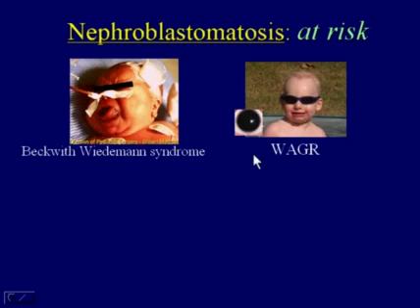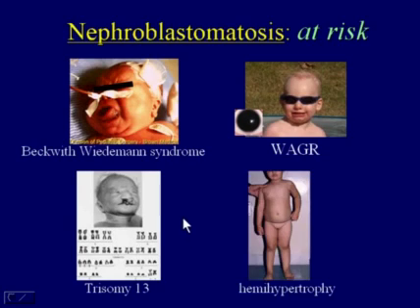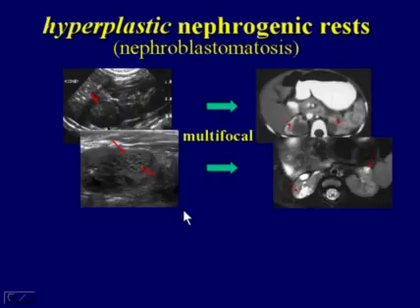Here's an example of aniridia, sporadic aniridia. Infants with trisomy 13, and infants or children who have hemihypertrophy. These are children who are at risk for nephroblastomatosis and are screened at periodic intervals for the development of that tumor and the potential for development of Wilms tumors.